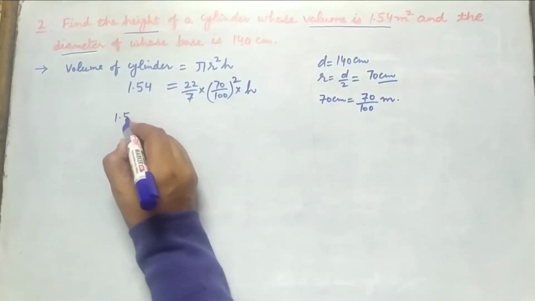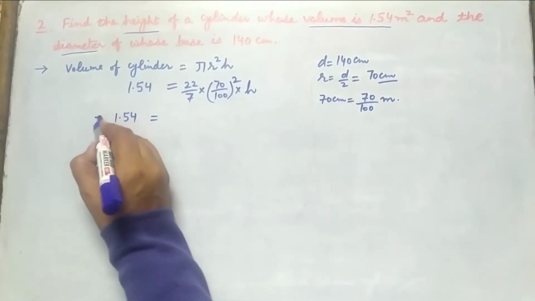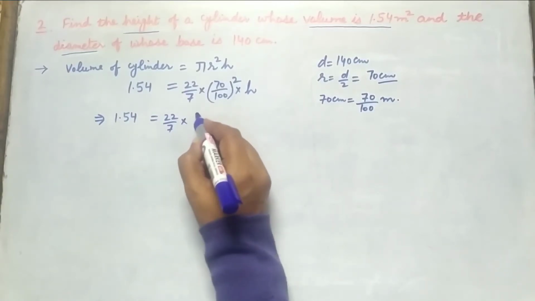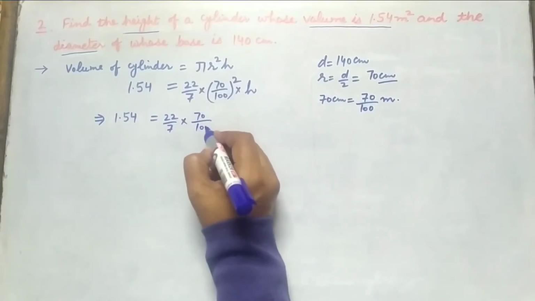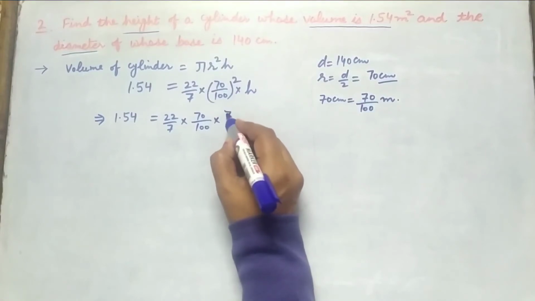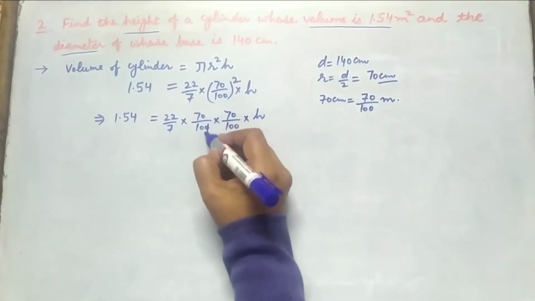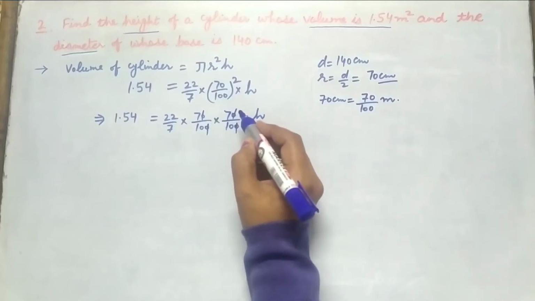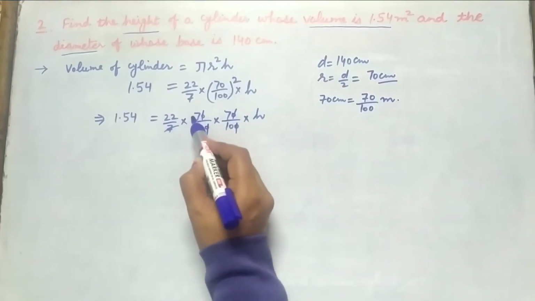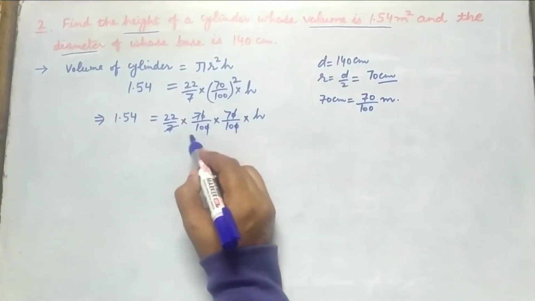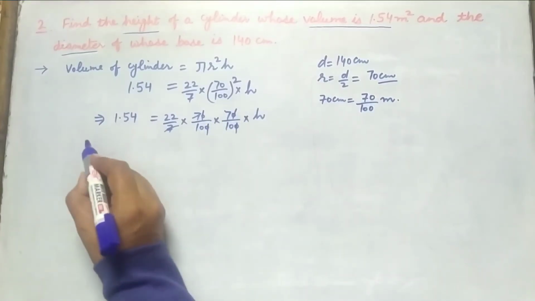Next step, 1.54 is equal to 22/7 into 70/100. Square means writing it 2 times, into h. Cancelling the zeros, and this 7 gets cancelled with 7. Now all these terms will be shifted to the left hand side.